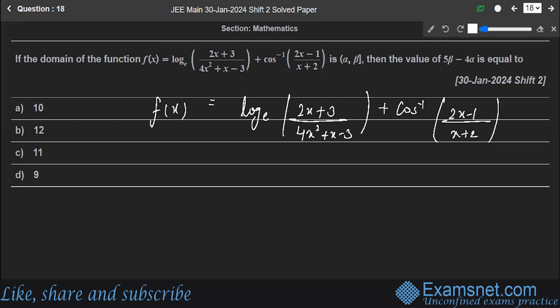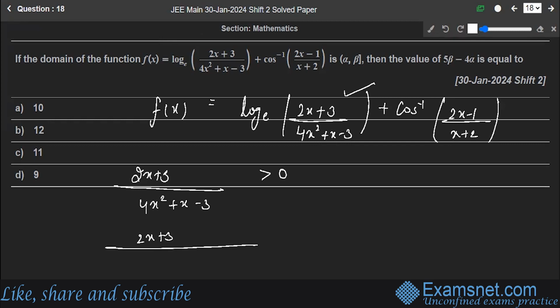log e of (2x plus 3) upon (4x squared plus x minus 3) plus cos inverse of (2x minus 1) upon (x plus 2). Clearly, this thing should be greater than 0 because this is a log function of (2x plus 3) upon (4x squared plus x minus 3). This should be positive. Let's factorize the denominator. The two factors will be (4x minus 3)(x plus 1).